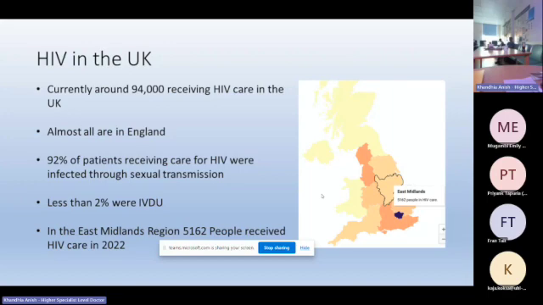HIV through heterosexual contact. In the East Midlands region alone, around 5,162 patients received HIV care last year. Those are cases that we know about, and the concern is, as I said, because the vast majority of cases are spread through heterosexual contact, there's probably a huge pool of patients that we don't know about who are living with the virus and are unaware.